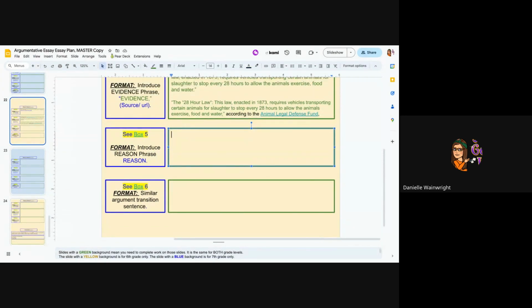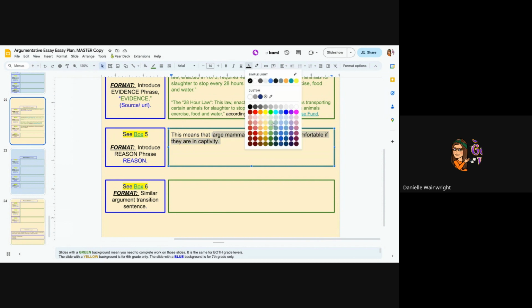So again, I'm going to start in black. This means that large mammals will be cold and uncomfortable if they are in captivity. Okay. And actually, I need to put my reason in blue.